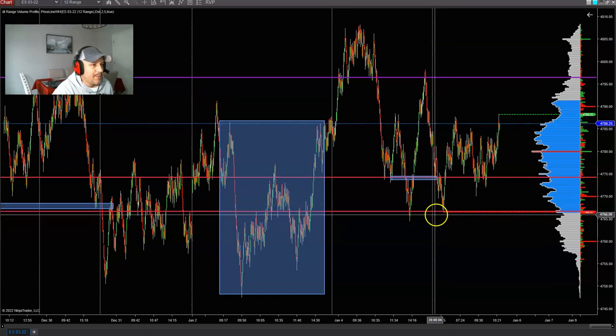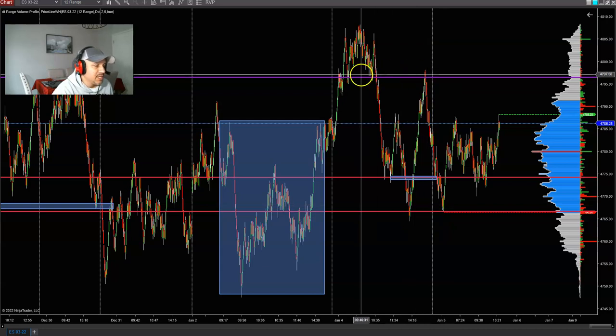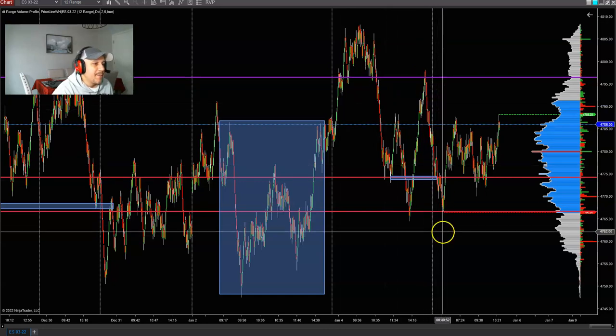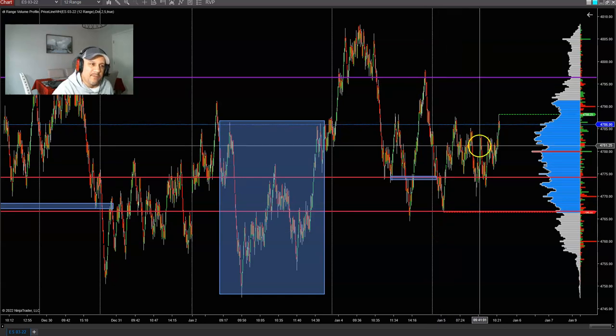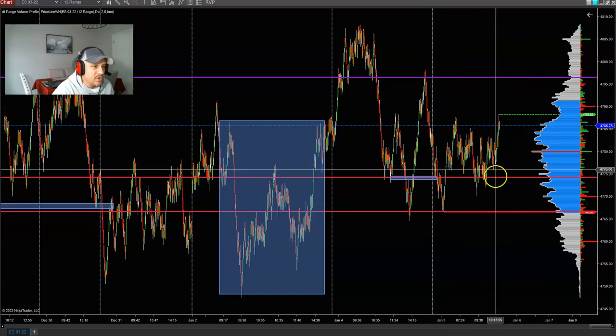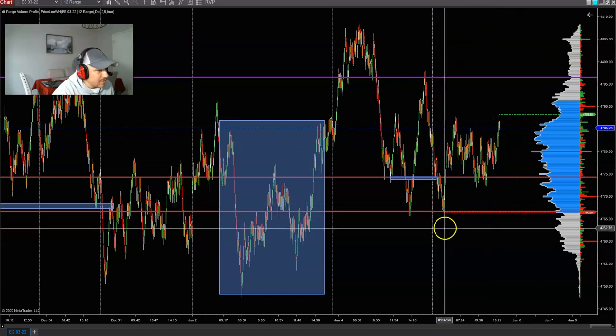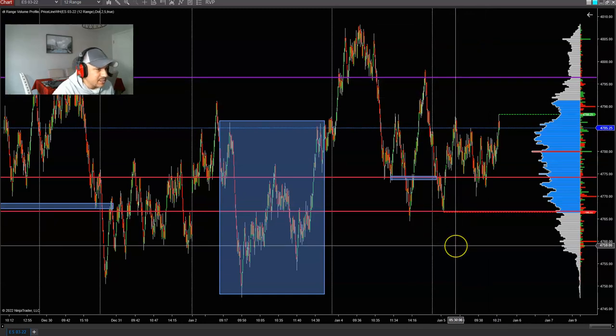So now on the pullback right here to resistance, it rejected. It did not make a lower low. So if it pushes higher out of this wedge right here, it could blast right through this area and push to the upside, okay? Why? Because it did not make a lower low when it rejected this area to the downside.